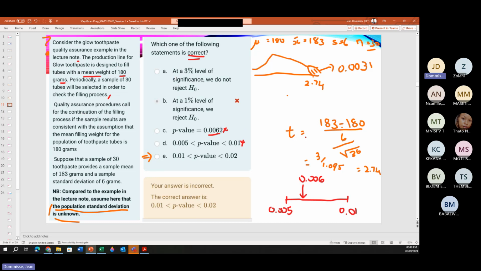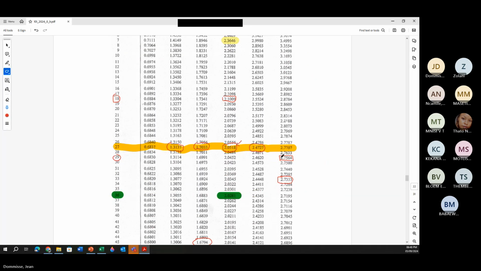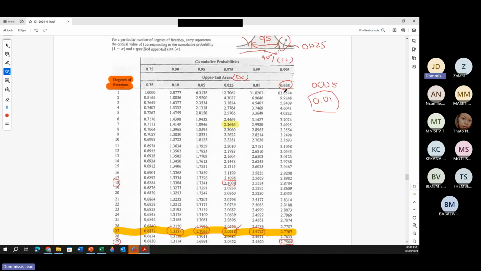So what I would have done is I would have used the 2,74, the T, with the degrees of freedom of 29, and that would have given me nearly the 0,05.